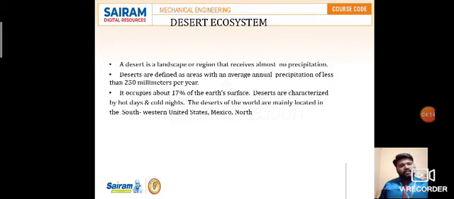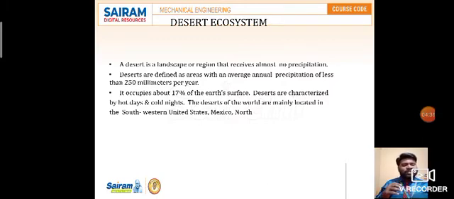That is the desert ecosystem. It occupies about 17% of the earth's surface. So only 17% of the earth's surface is occupied by deserts. How are deserts characterized? Deserts are characterized by hot days and cold nights.